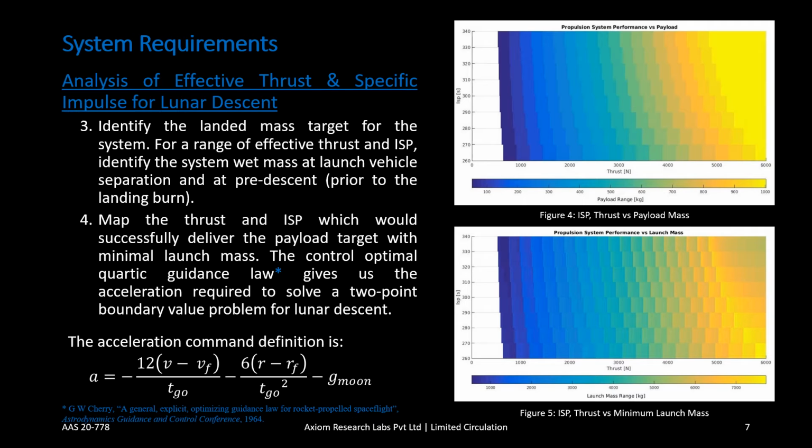And once we have identified this thrust and ISP for a particular payload range, and a certain orbital strategy and hence a certain delta V for orbits, we also provide the contour plots for launch mass range. Throughout these studies for lunar descent, we have used the guidance law proposed by Cherry, which was used in the Apollo missions.